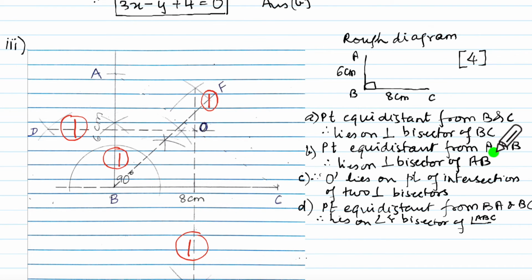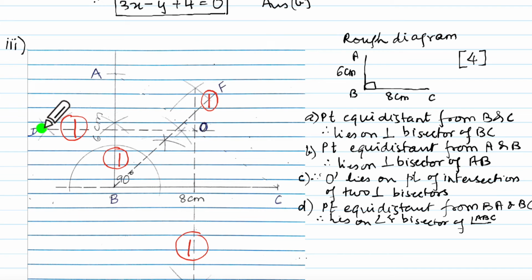Point equidistant from A and B. A and B also will be on the perpendicular bisector of AB. So from A we will take some radius more than half and we draw the arc here and draw the arc here.